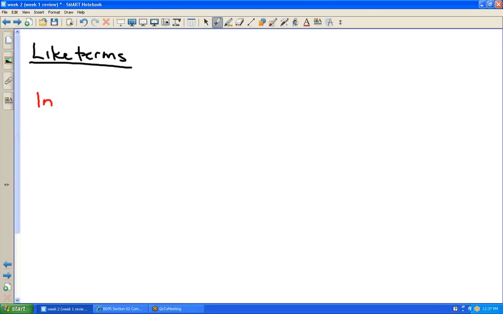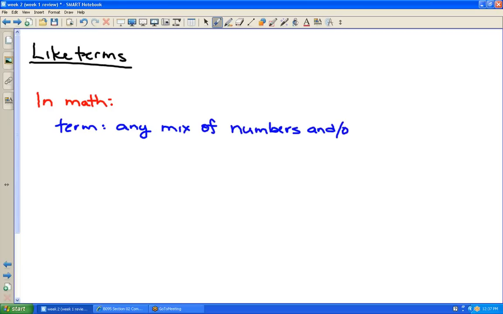I need to know what a term is in that. A term is just basically any mix of numbers and or letters that are separated by a plus or a minus.